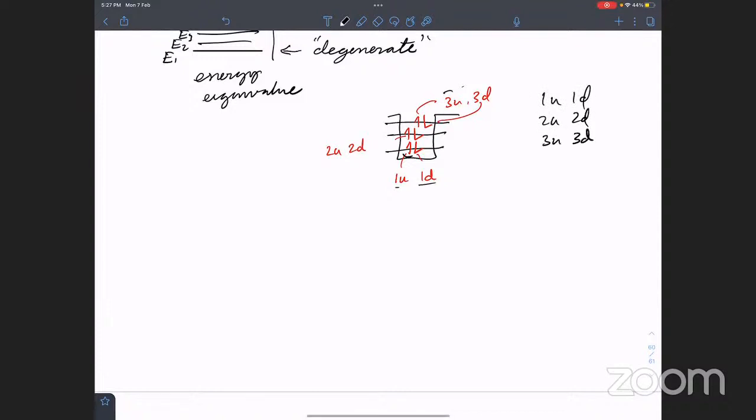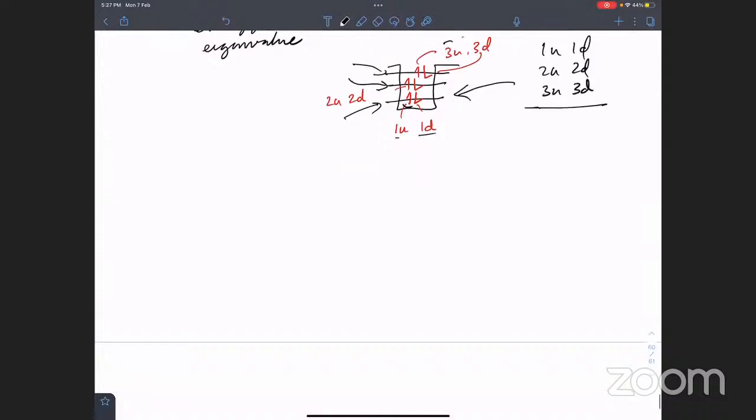Are there any two you can pick which have the same quantum numbers? No. So in this case, it's very easy. We have not violated Pauli exclusion, and we conclude that the energy states at most can have a degeneracy of 2. That means at any given level, only 2 electrons can sit, one up and one down.